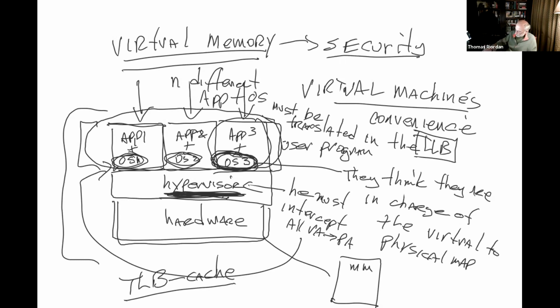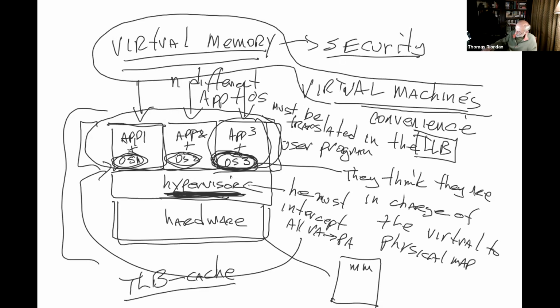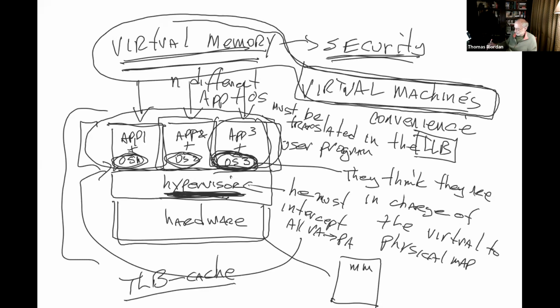And so that's how virtual memory and virtual machines end up having to be talked about at the same time, because the most important thing that virtual memory does is this memory translation for security. And when you put a virtual machine in the way here, you've got to do that translation for every different OS and app that you've loaded on top of your hypervisor.